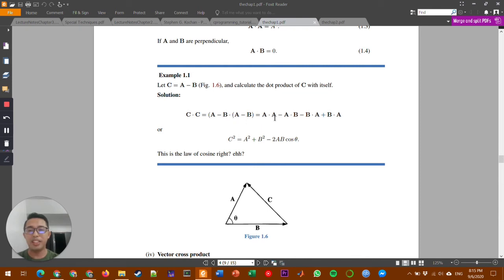So, you have A dot A. And then you also have A dot B. And then, you have B dot A minus B dot A plus B dot B. Okay?